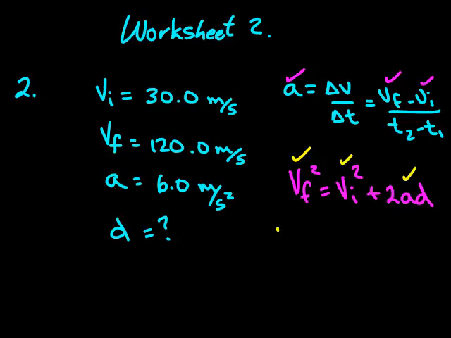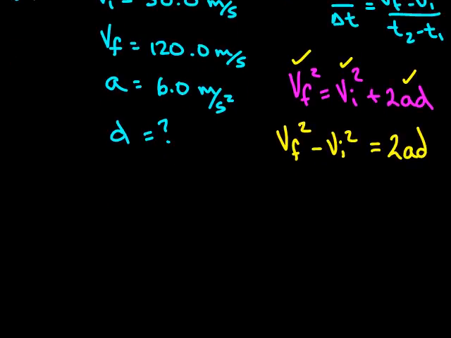Okay, so rearranging VF squared, we'd bring VI squared over to the other side. It would be minus VI squared, and I'll do this in a few steps just to show you, equals 2AD. Okay, now to get D by itself, we'll divide by 2A on this side.